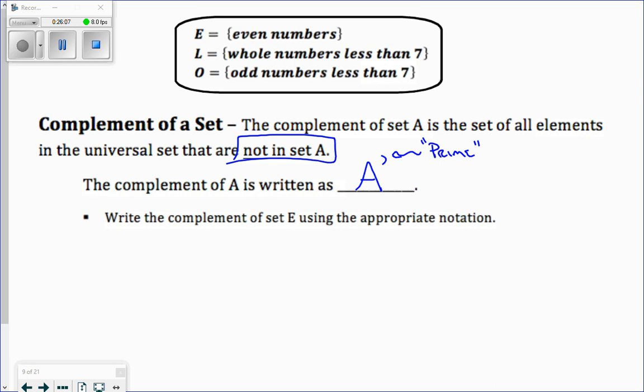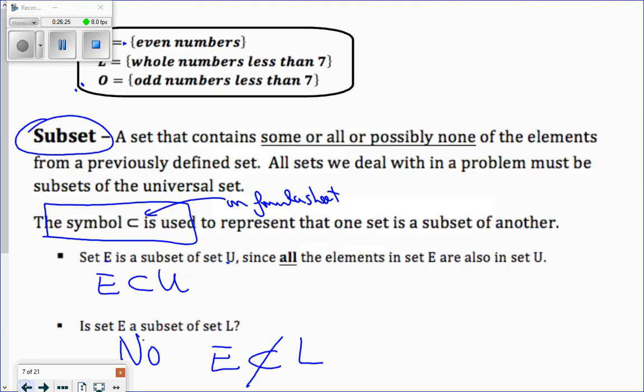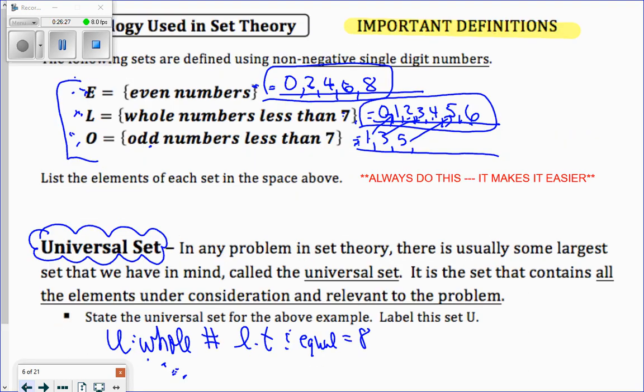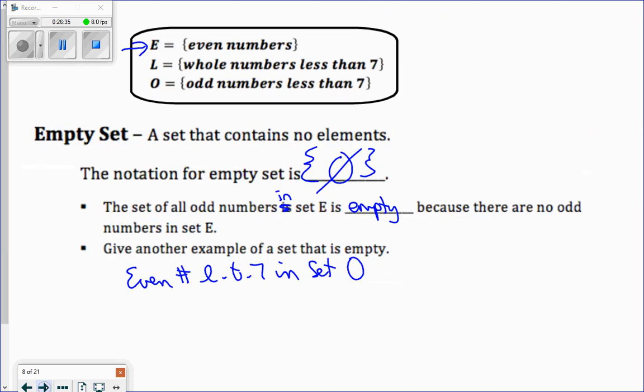So write the complement of set E, so not E. What would not E be? I just got to go back here. What did I make my universal? Universal was whole numbers less than and equal to 8.